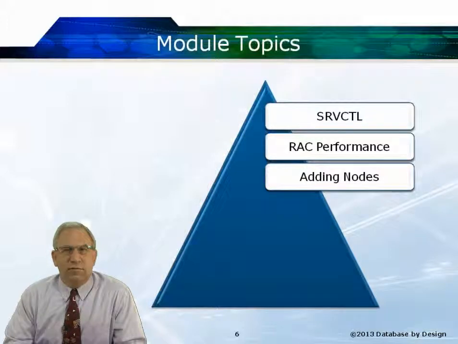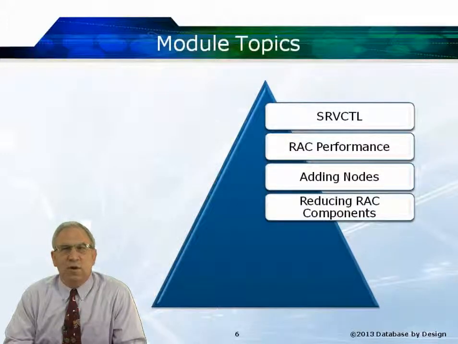We will add nodes. We will start with a single instance RAC, and we will expand this and we'll add another node to that single instance. So we're going to push out the cluster software as well as the database software and add an additional database instance. We will reduce the RAC components, which basically is removing a node from RAC.